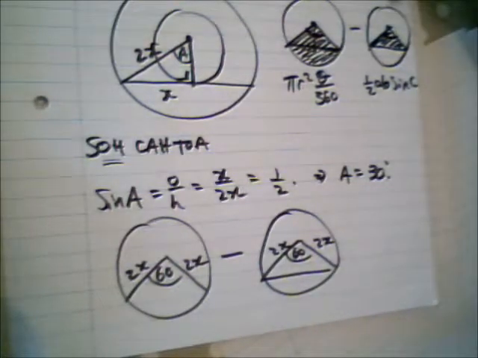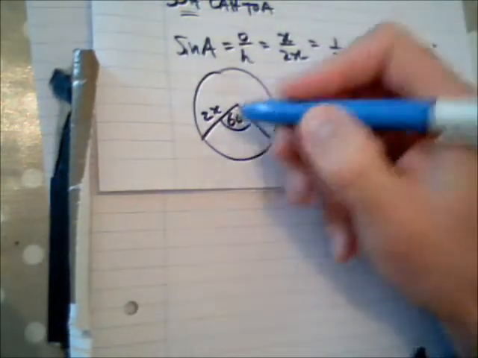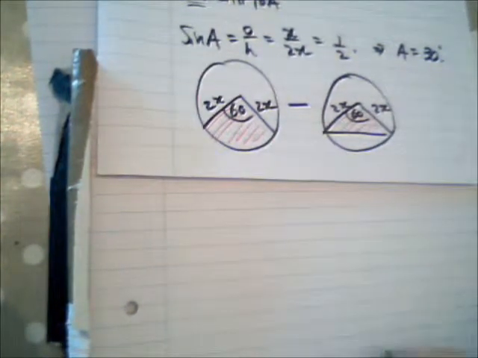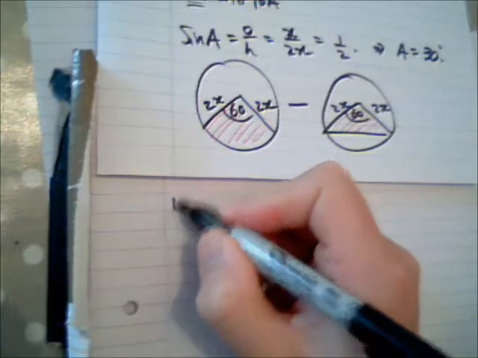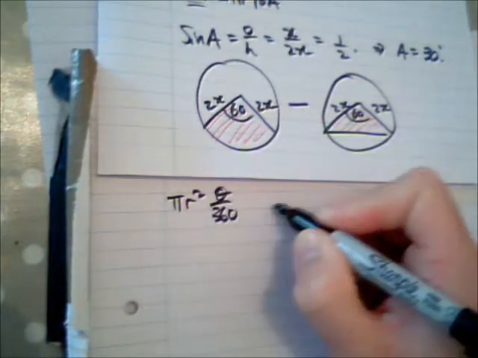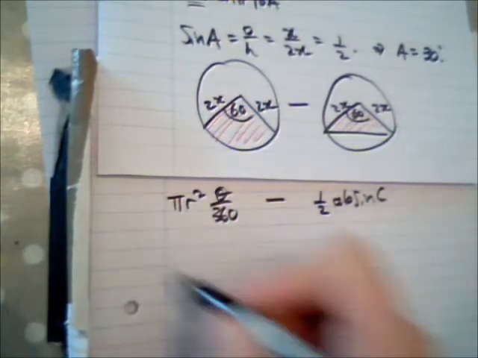Okay, so let's do that. The area of this sector here, we said the area of the sector is pi r squared theta over 360. We're going to be taking away half AB sine C.